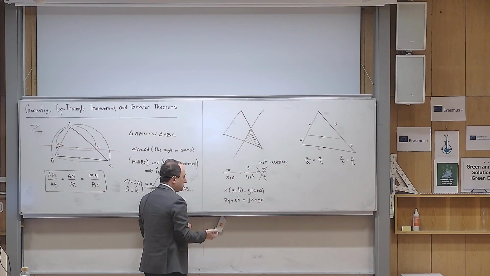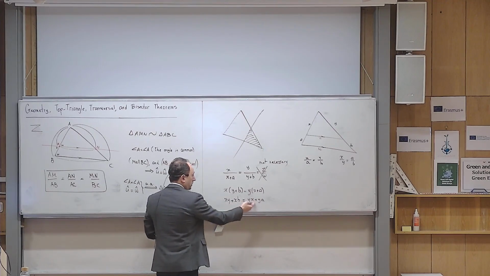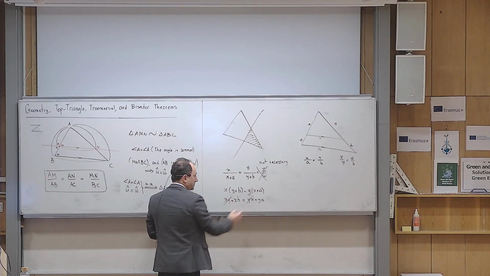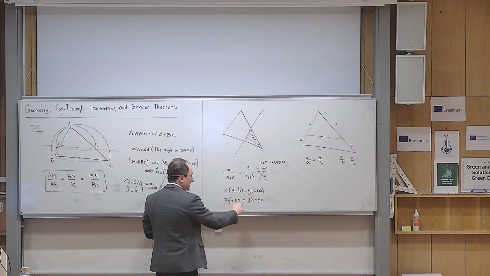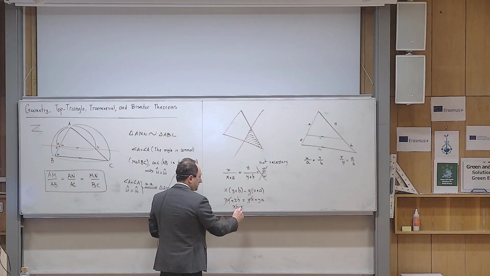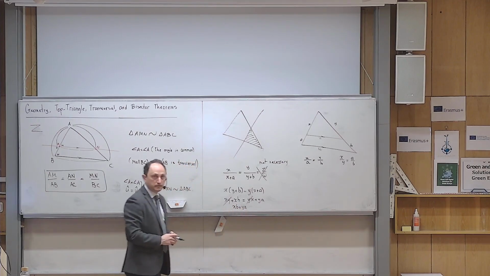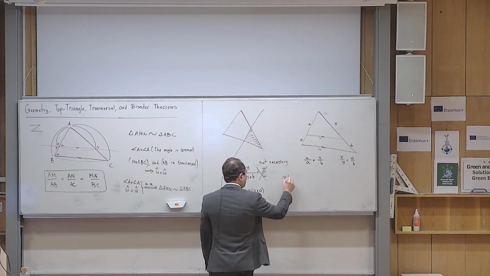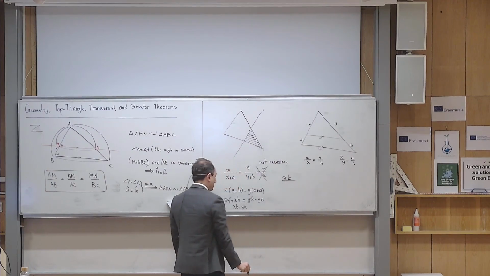But now suddenly you see what happens. Xy and yx are the same. So if I move one of them to the other side, the sign becomes negative and they cancel out. And then what is left for me is xb is equal to ya. Yes? And now I divide everything by AB.